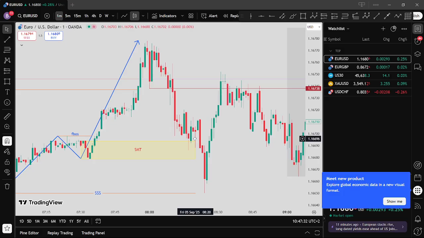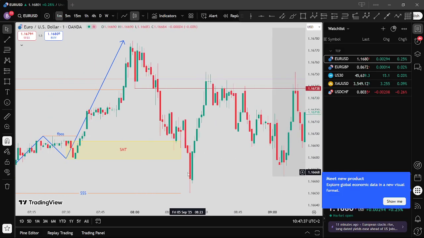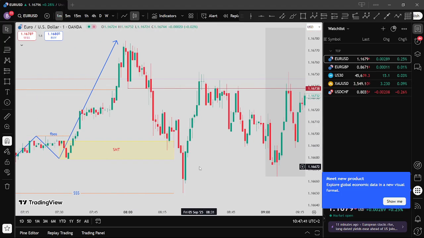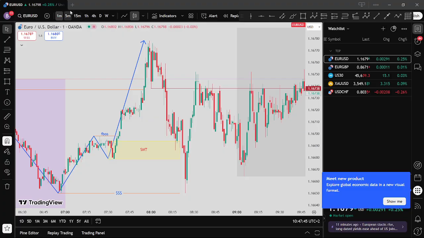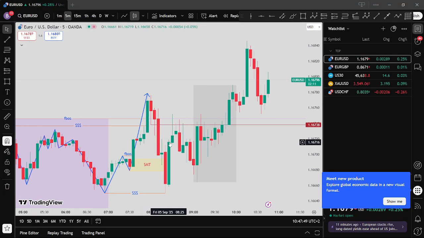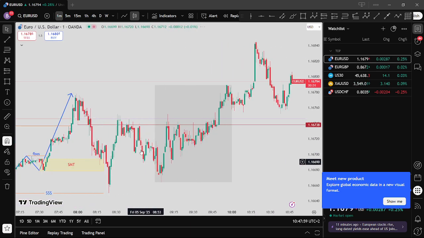Obviously it hadn't given me a chance to put a trade in because it hadn't broken anything. But by the time it created this 5-minute bullish candle, I was happy. I was like, okay, it's clear now that we're going up, right? So I was confident for a buy.